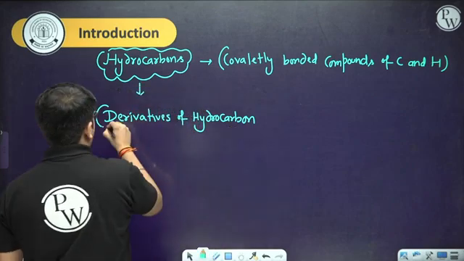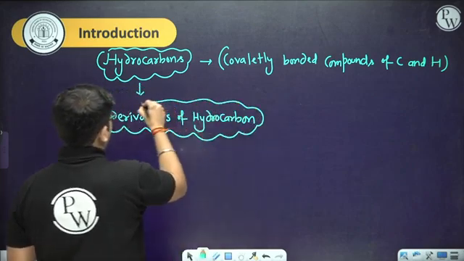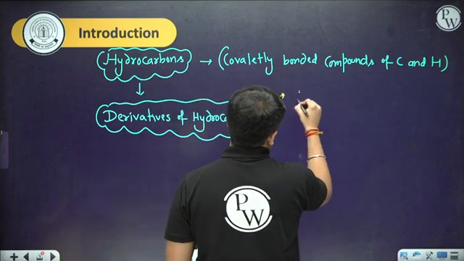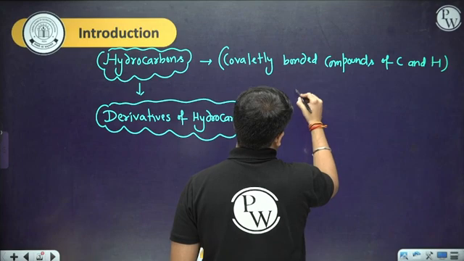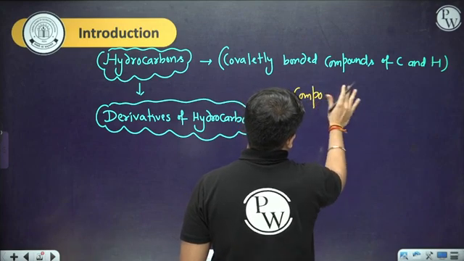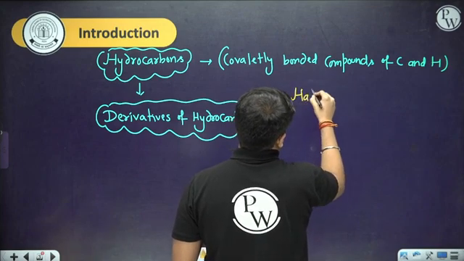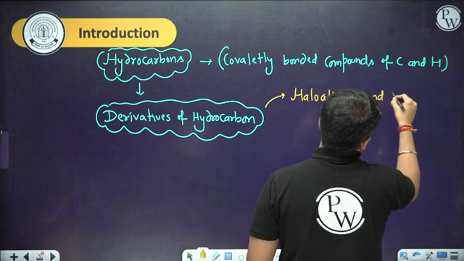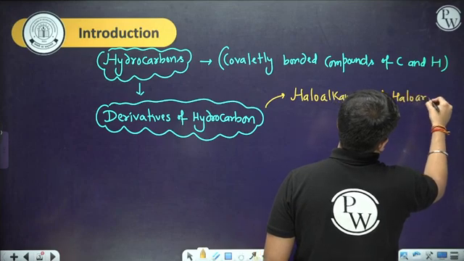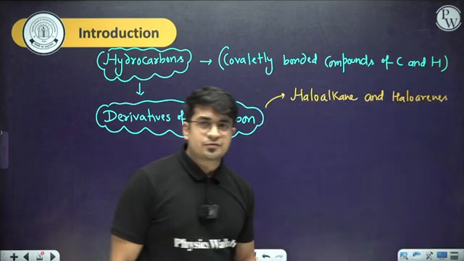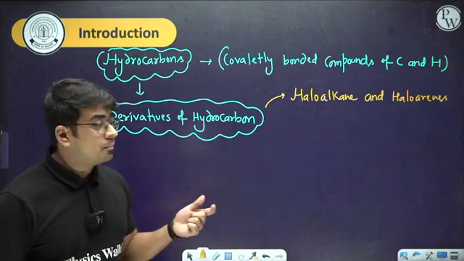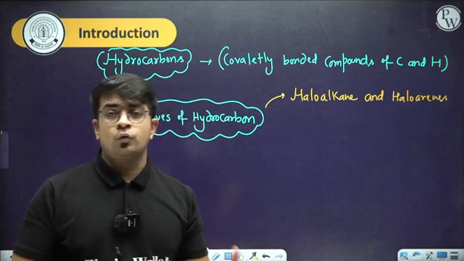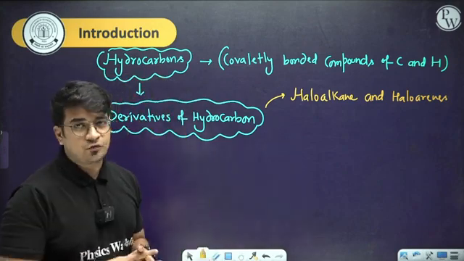So in this entire part, which is basically the derivatives of hydrocarbon, you can see that we have the first part, which is known as haloalkanes and haloarenes. Means in that case one hydrogen is basically replaced by a halogen group. It must be chlorine or bromine or iodine or fluorine. That part is basically the derivatives of hydrocarbon.